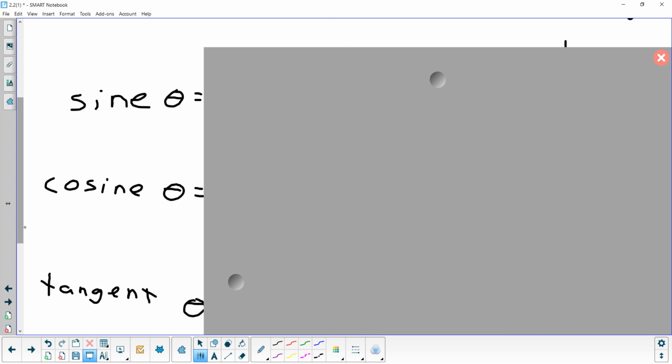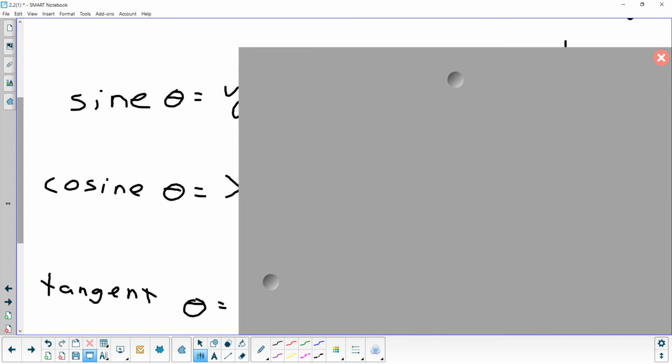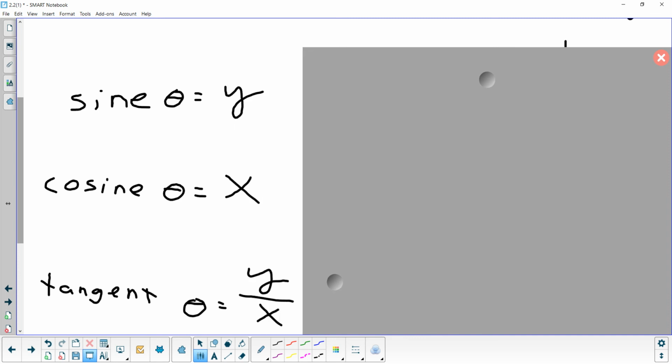We have a third one here, tangent. And I'm going to show you what the formula is. Now remember, this formula is based off of a coordinate. So, if you have a coordinate that represents some angle, and they ask you about the sine, what they're asking you for is the y value of the coordinate.